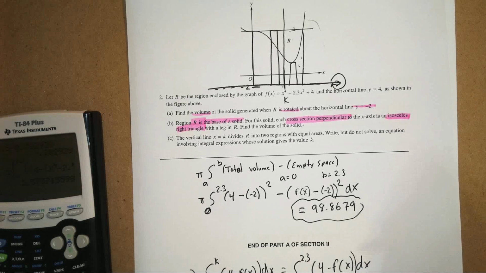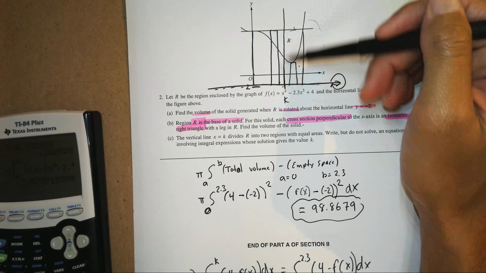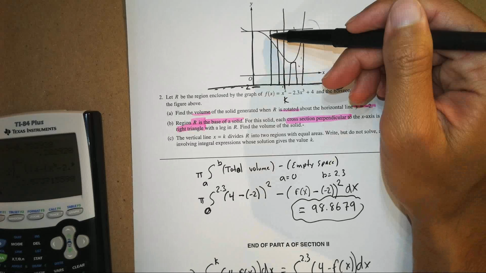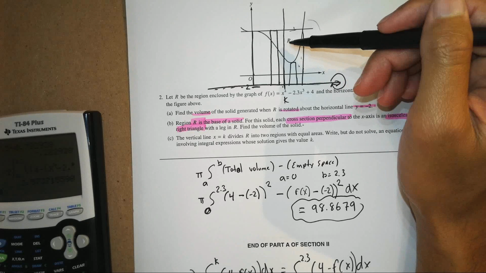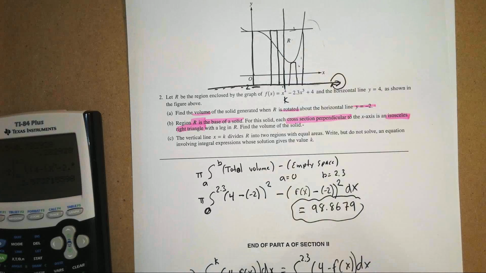And that's my answer, because they're looking for a k value somewhere between 0 and 2.3 that's going to cut this in half so they have equal areas. The only way you can find that is with the area equation, integral from 0 to k, split from k to 2.3, top curve minus bottom curve, because those are the areas of your formula. And that's it for part C.